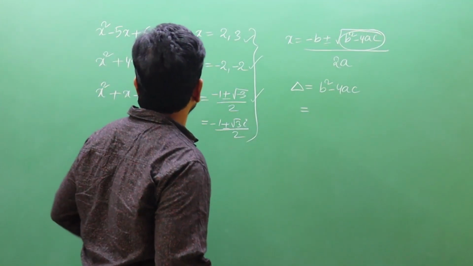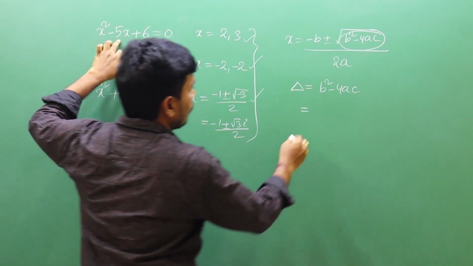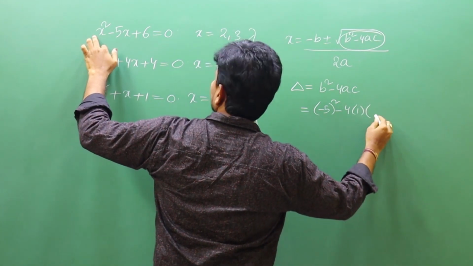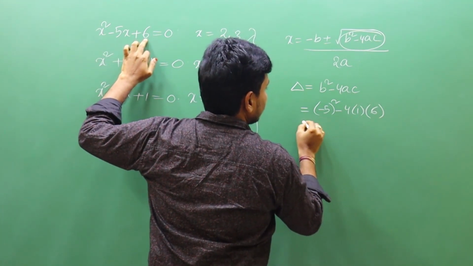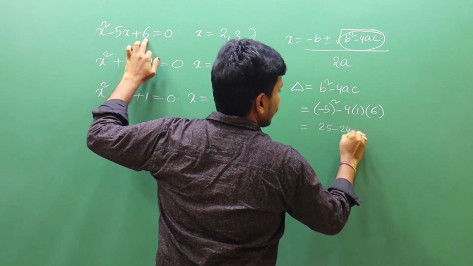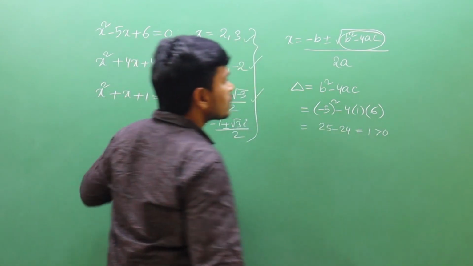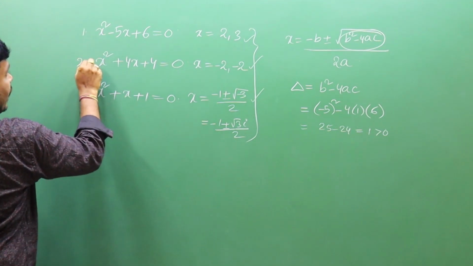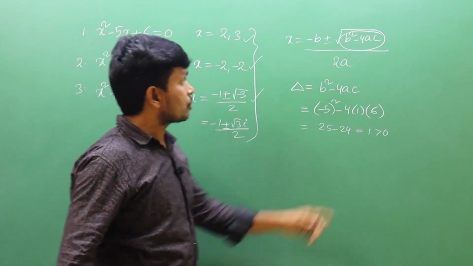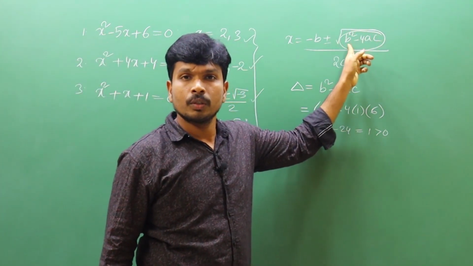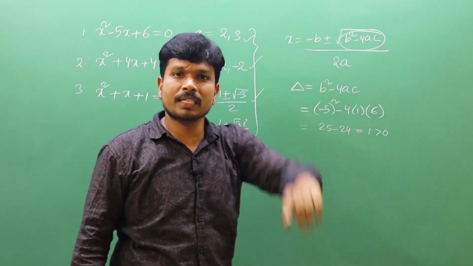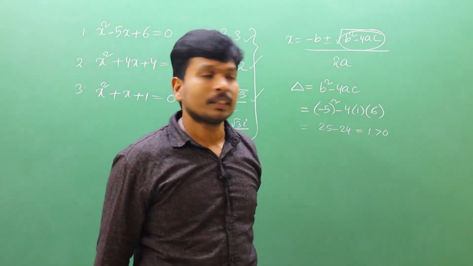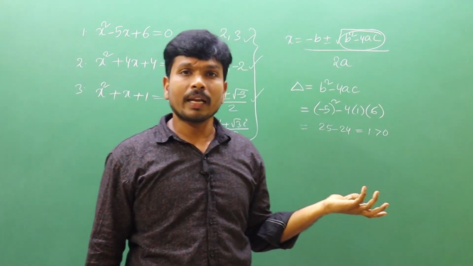For first problem, what is the b value? Minus 5 whole square minus 4 into x square coefficient 1, constant term 6, that is equal to 25 minus 24, that is equal to 1. Positive you got it for first problem. For first problem you got delta value positive. So inside the root the value is positive. Positive means, is it real or imaginary? In a square root, if you have a positive number, definitely that is a real number, not an imaginary number.